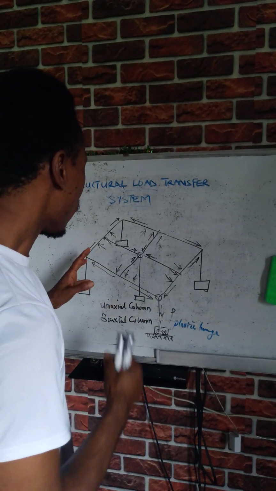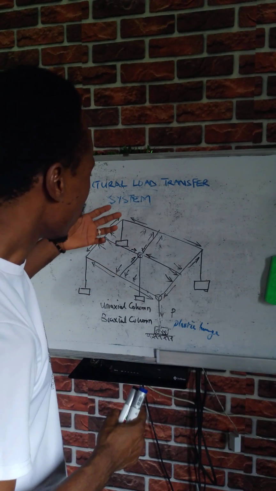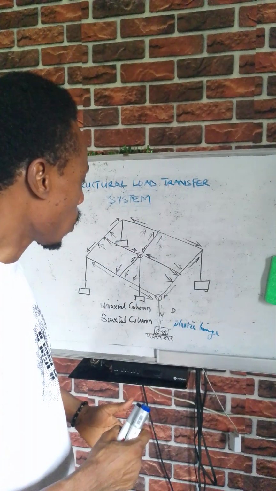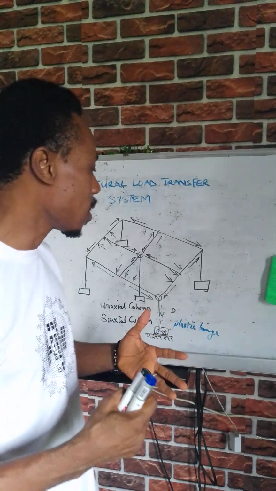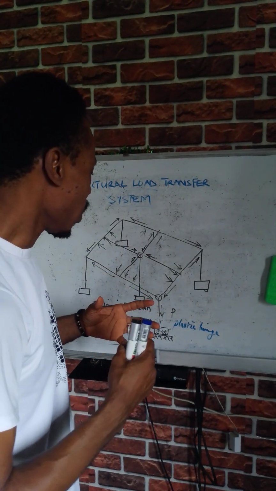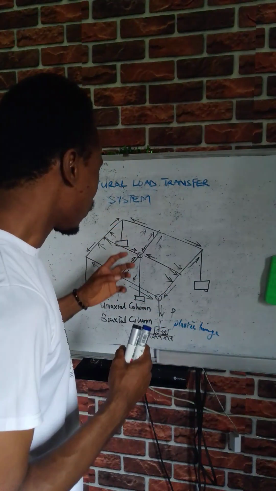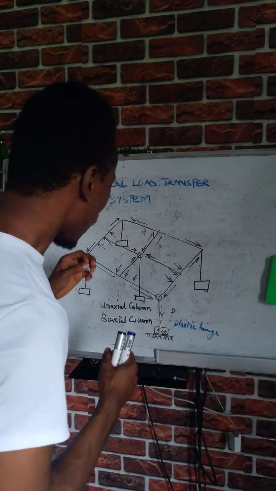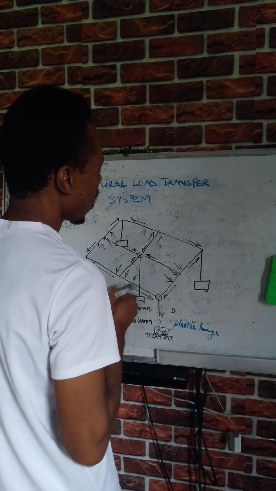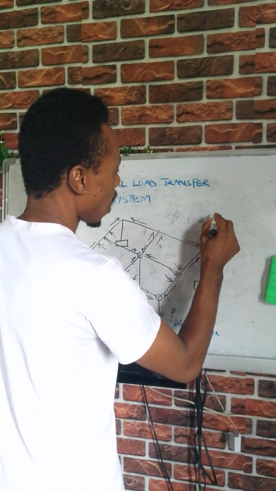So you should understand that our loading system, the way the load is being transferred, is from the top to the bottom. So we try as much as possible to create the required rigidity, the required connectivity of this structure, and to maintain equilibrium. That is the only way we can ensure effective transfer of load.